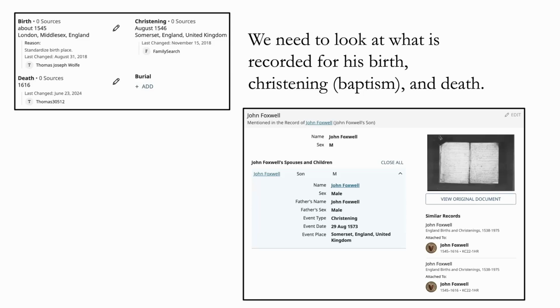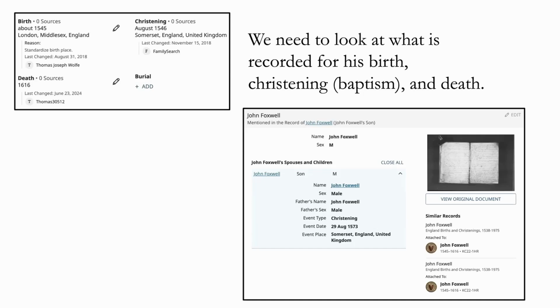Why somebody would travel all the way to Somerset if their child was born in London, to have him christened or baptized is a real good question, especially in the 1500s, when traveling wasn't all that great. So this record isn't even him.